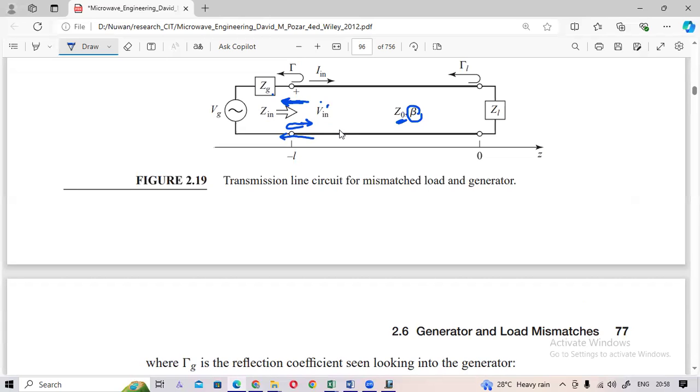Okay, now you are considering, normally the generator will emit the signal in this direction, but in this scenario, we are considering the signal is going from the transmission line to this side. So reflection is happening in this direction. So this is ZG and this is Z naught.